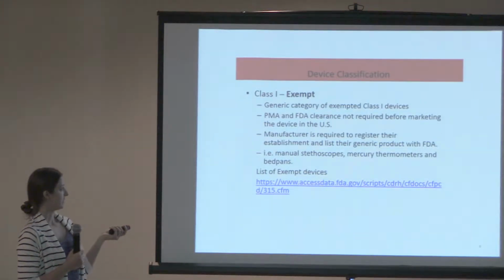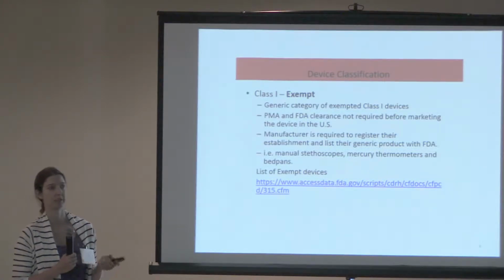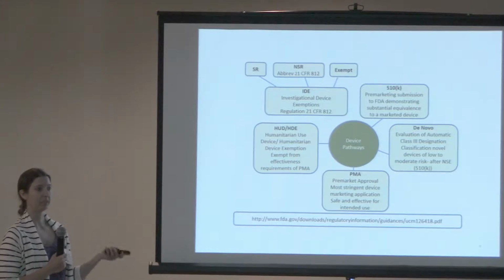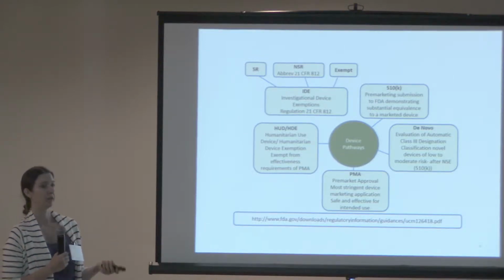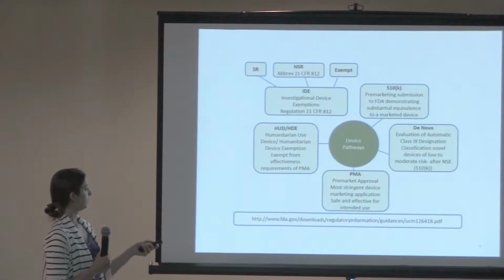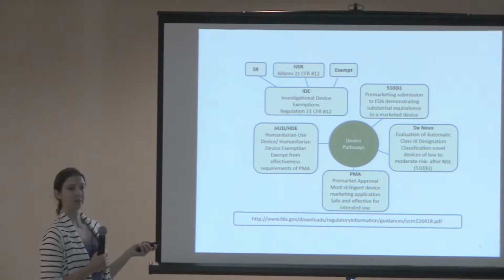So there's exempt devices, and this may be a good resource to also look at in case you're interested in following that. Okay, so there's many device pathways, and this just gives you a mapping network of all the ways that can be processed for any of your devices, mobile medical apps, or what have you. So you can go through the PMA, as I mentioned, the 510K, de novo, which is kind of a new one.